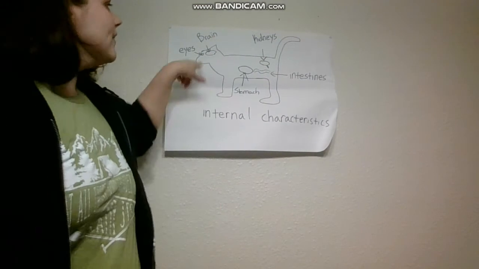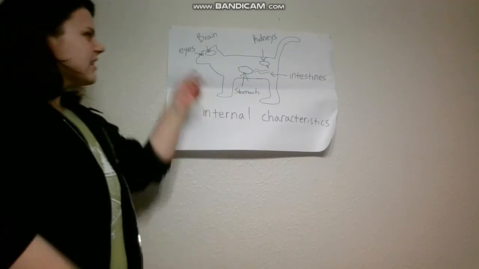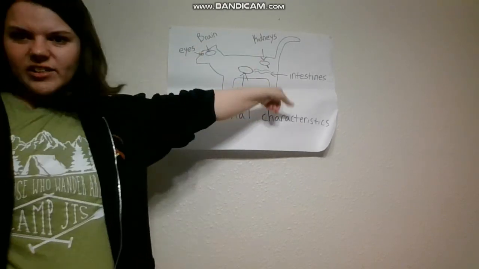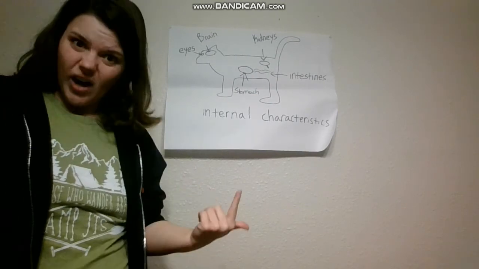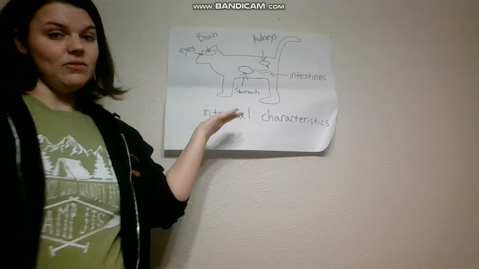Draw it and then label some and see if they're similar to the internal characteristics that cats and that humans have. Because all these internal characteristics that I listed for cats, we also have, which is kind of crazy, right? Because humans and cats are way different, but we have these same things.